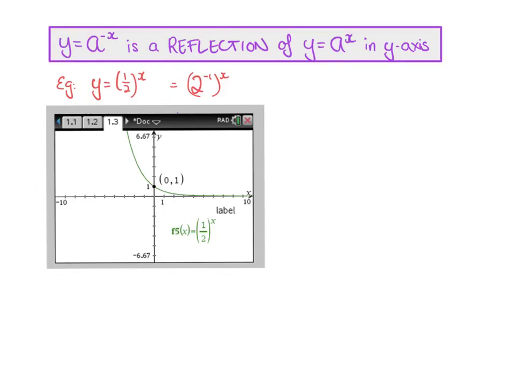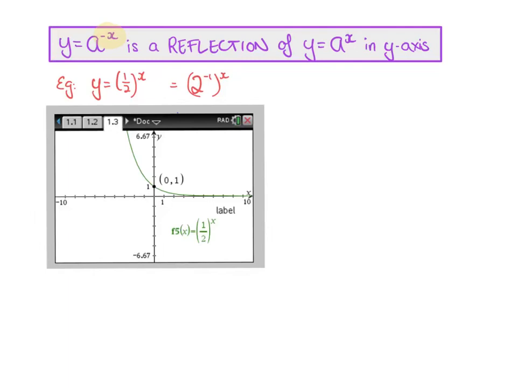Now, if we have a negative x up here, we see a reflection in the y-axis.